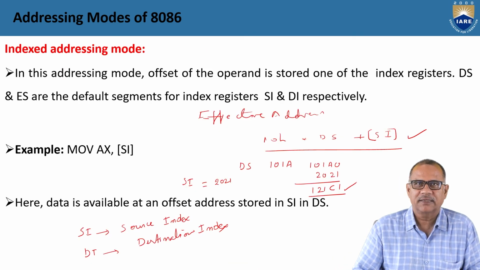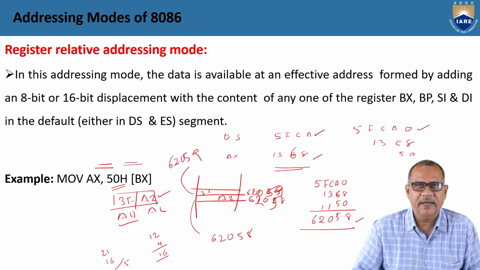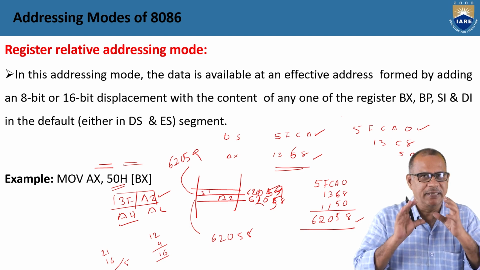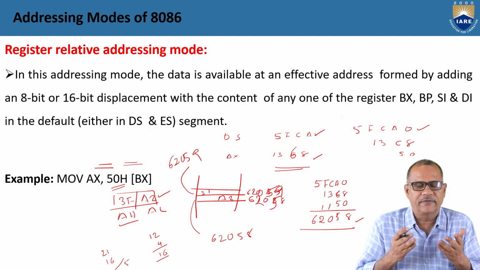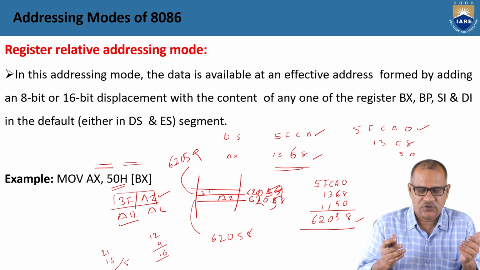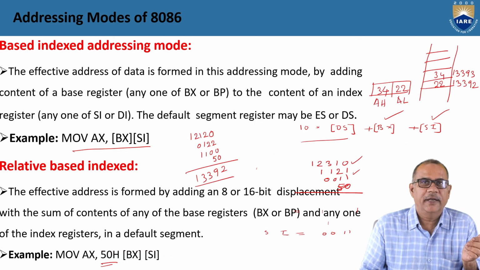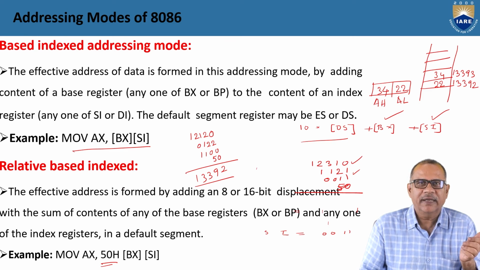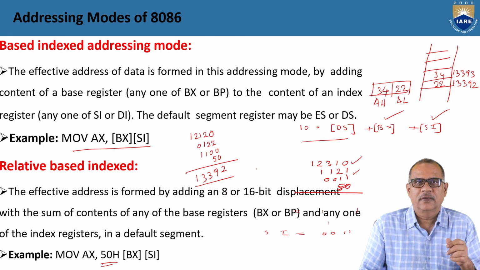In indexed addressing mode, we use the registers SI and DI, and in register relative addressing mode, we put the displacement value also, like 50H or 60H. In based indexed addressing mode, we use the index registers SI or DI, and in relative based indexed addressing mode, in addition, we use the displacement value and so on.